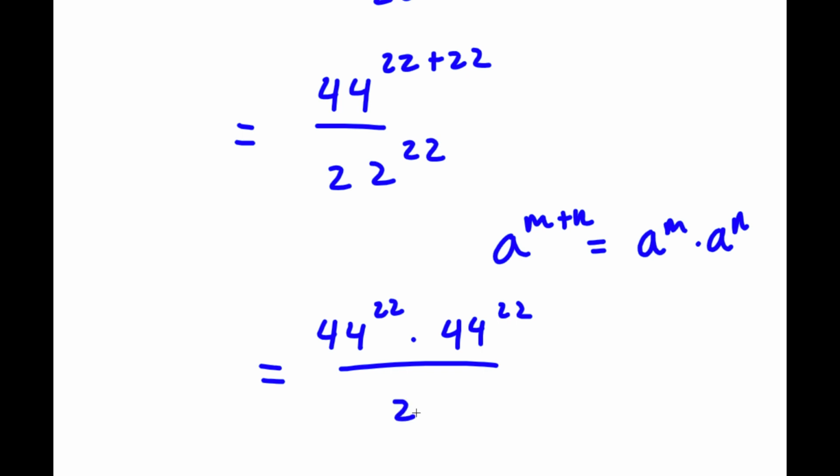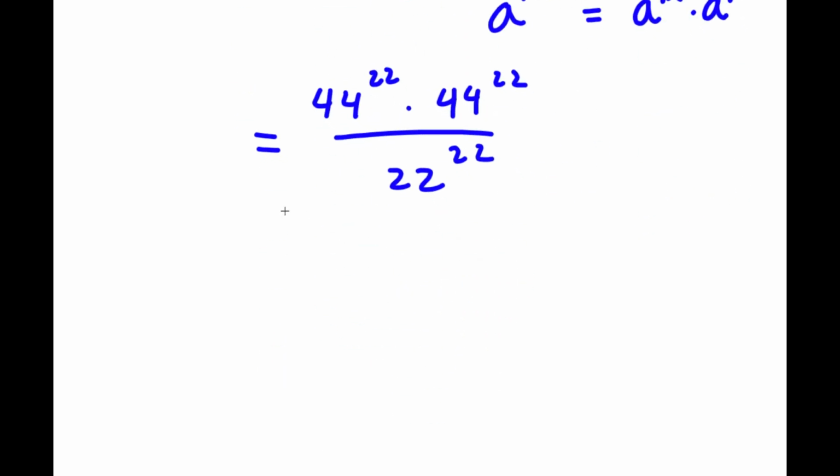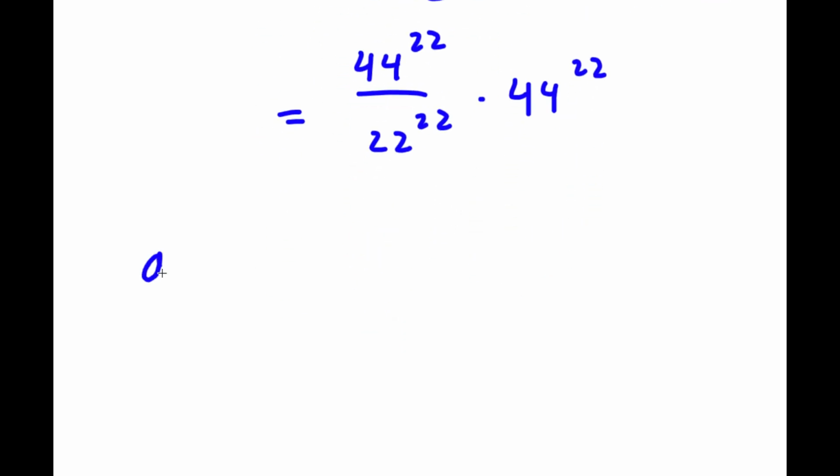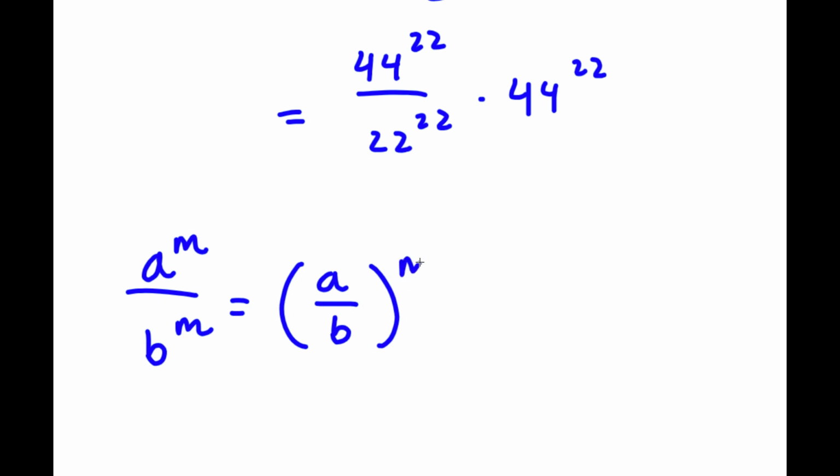And now I have this over 22 to the power of 22. Now this is the same thing as 44 to the power of 22 over 22 to the power of 22 times 44 to the power of 22. And now, if I have something in the form a to the power of m over b to the power of m, this is equal to a over b to the power of m.